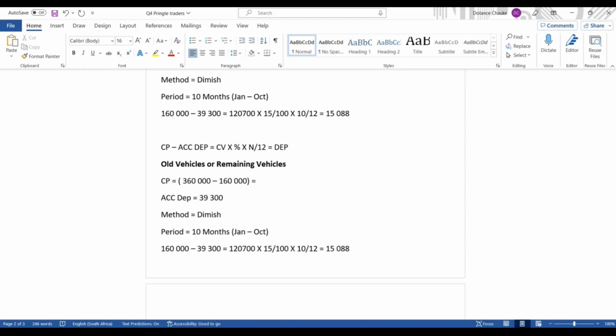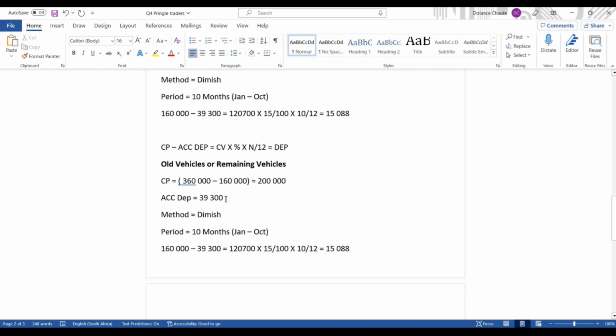How much? 200,000, right? Is everyone on the same page? Then we also have to calculate the accumulated depreciation for the remaining.